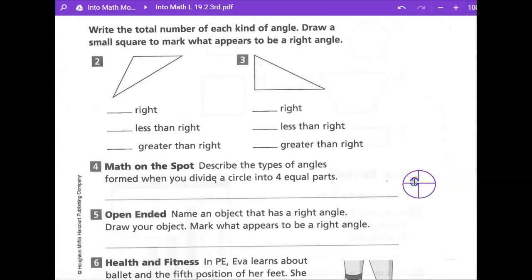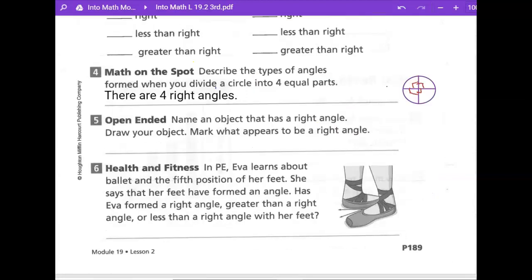What are the angles in there? And those would be 4 right angles. Okay, so hopefully that will help you to get your homework done. And thank you.